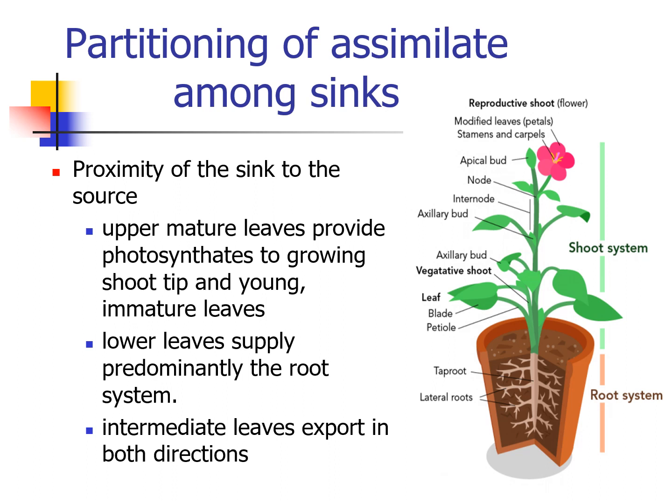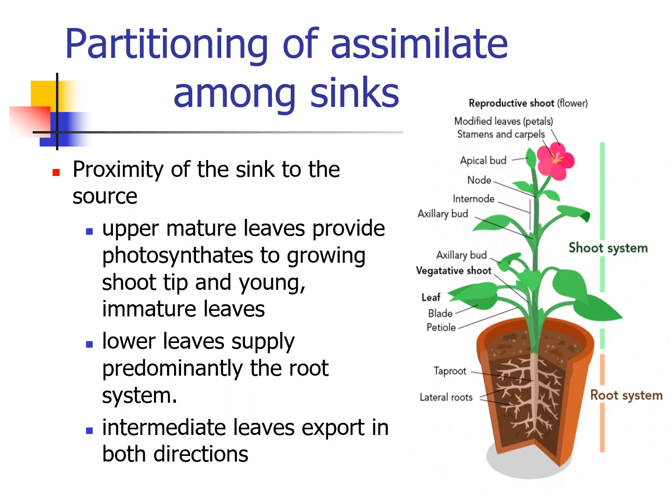Partitioning of assimilate among sinks also depends on the proximity of the sink to the source. The upper mature leaves provide photosynthate to young immature leaves and the shoot tip.